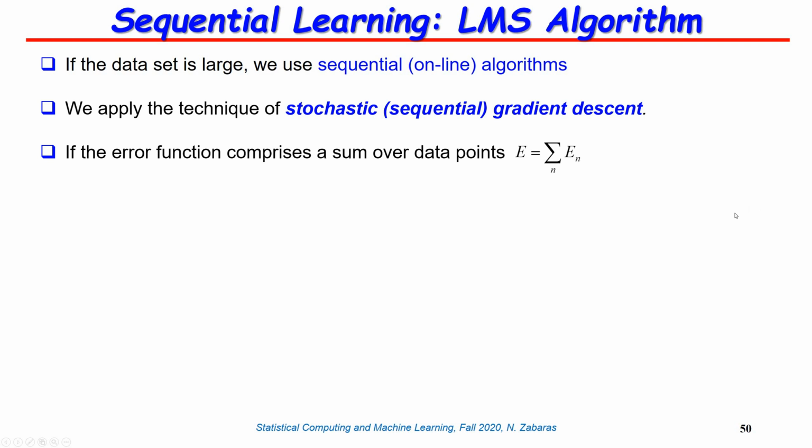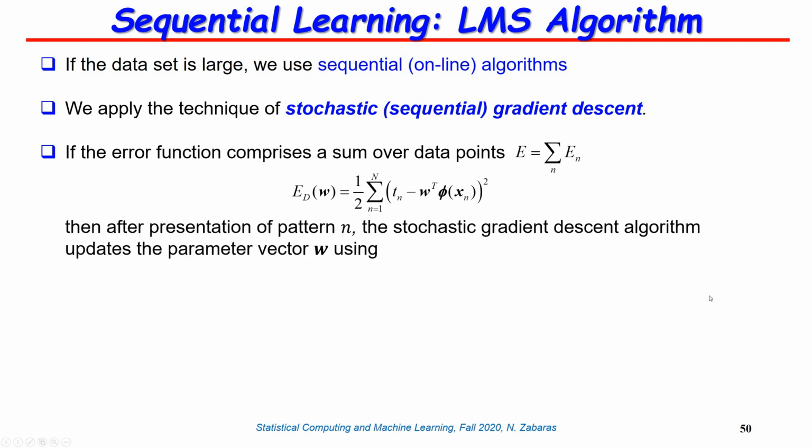The whole idea here is you can do this because if you look at the error function that has to be minimized to compute the MLE estimate for W, you notice that this error function is a summation over each training data point.